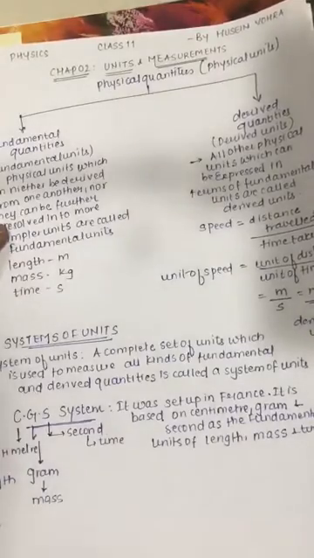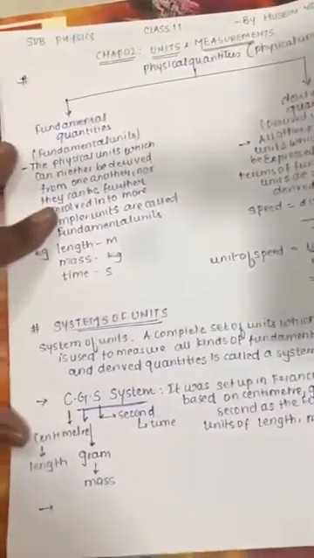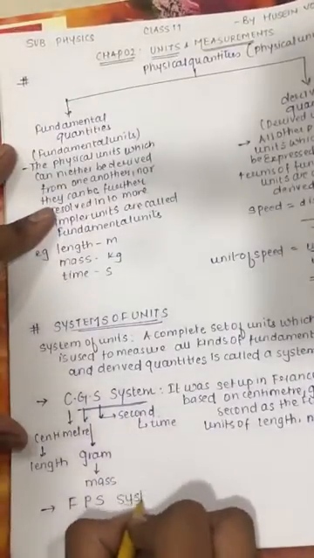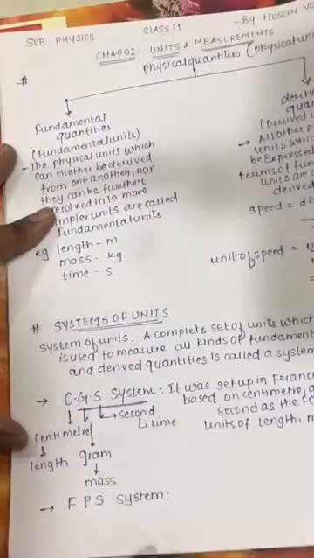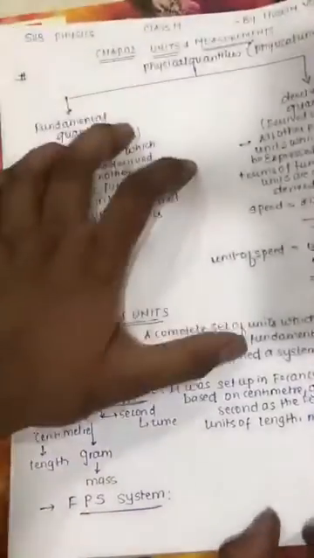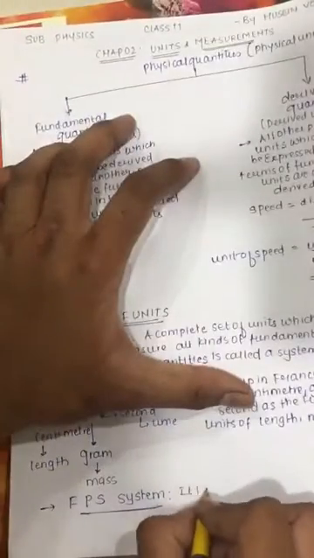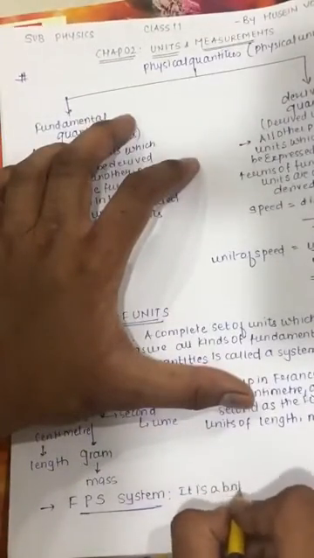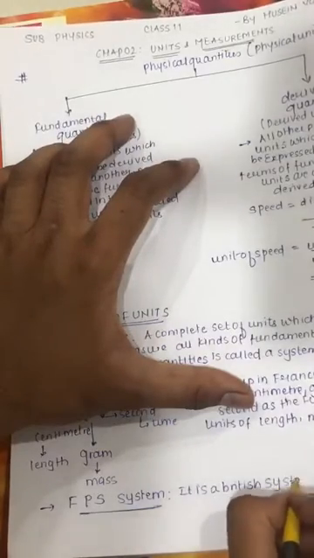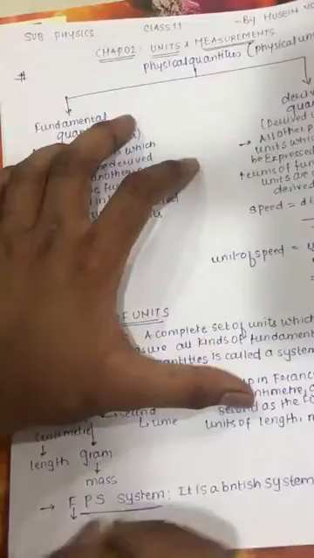The second system was the FPS system. Hope from FPS only you can get it out. It is a British system where F stands for what?